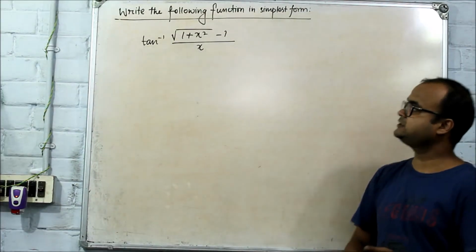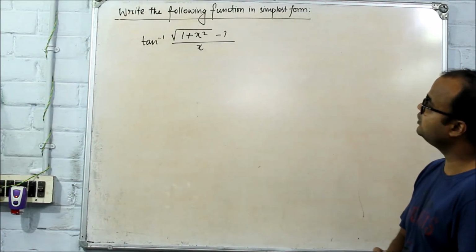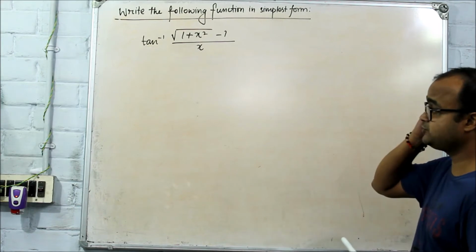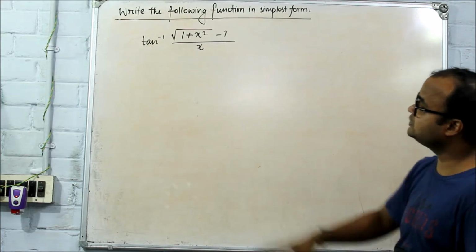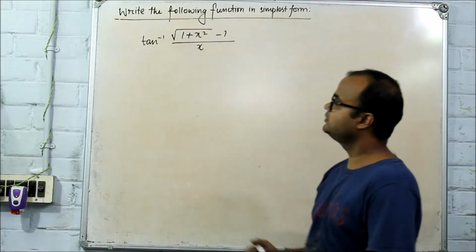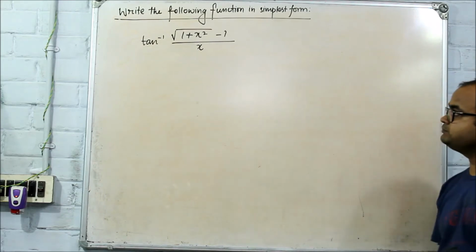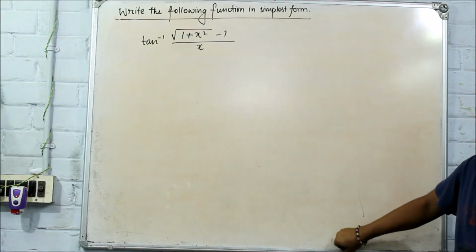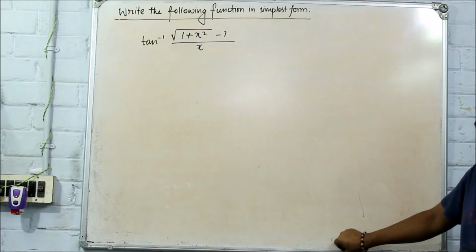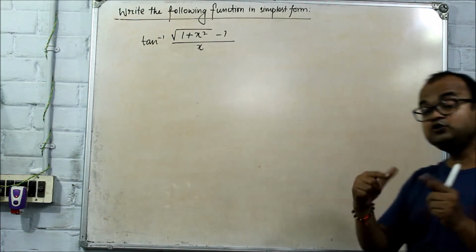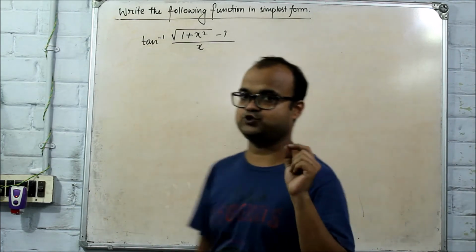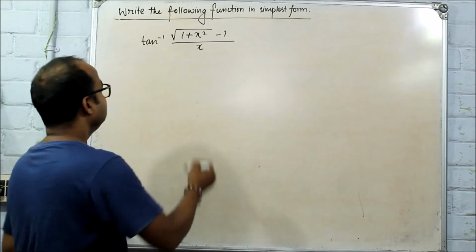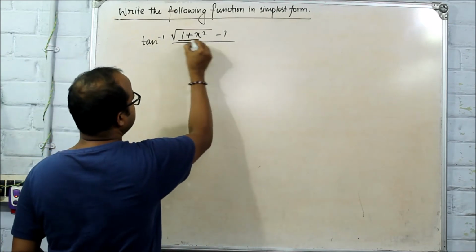Now let us take this example. Write the following function in simplest form: tan inverse of square root of 1 plus x square minus 1 by x. Here we need to apply substitution. Now, how do you select the correct substitution? Look at this term, 1 plus x square.